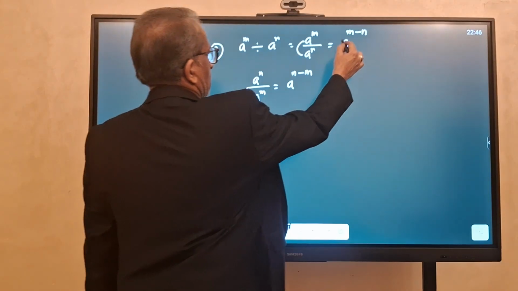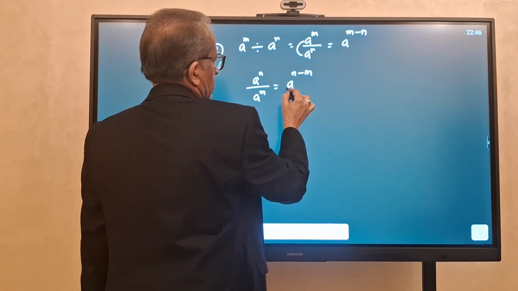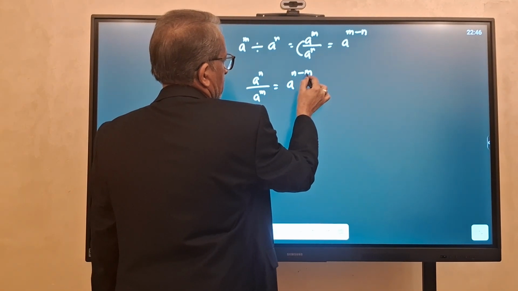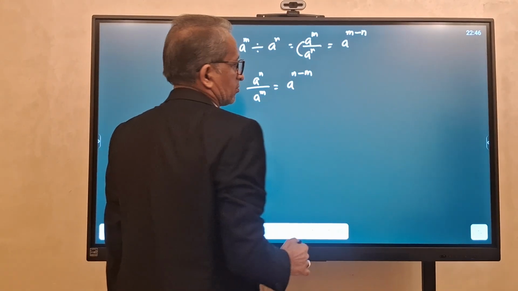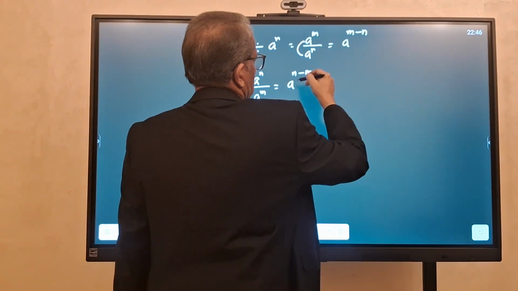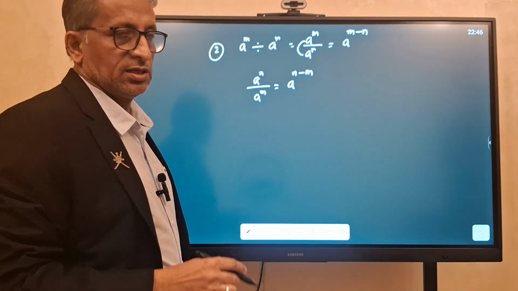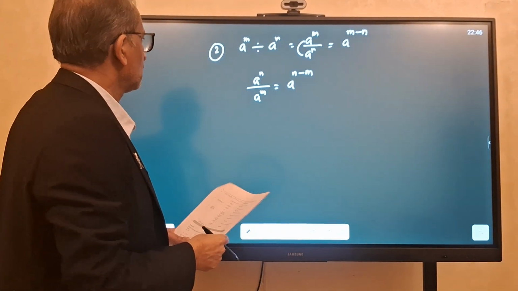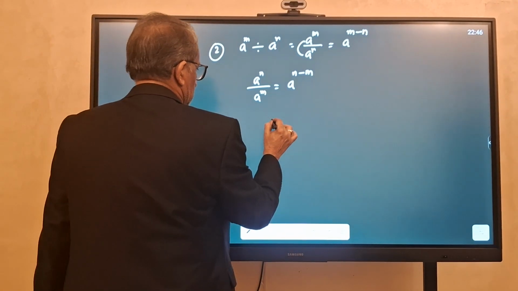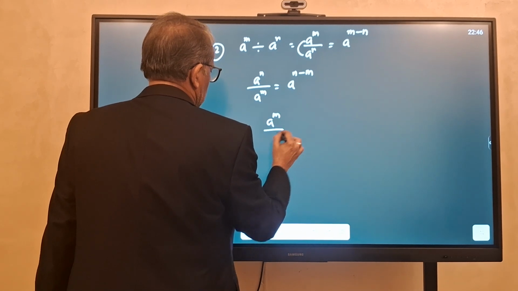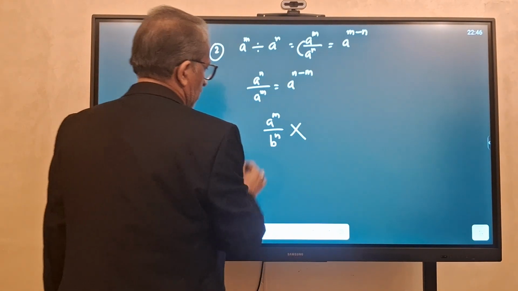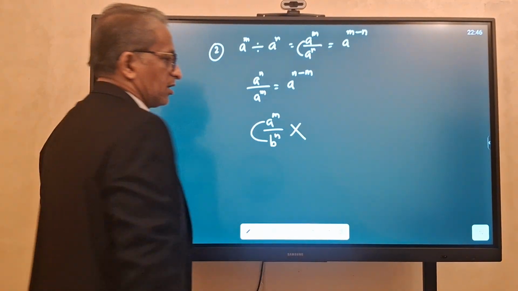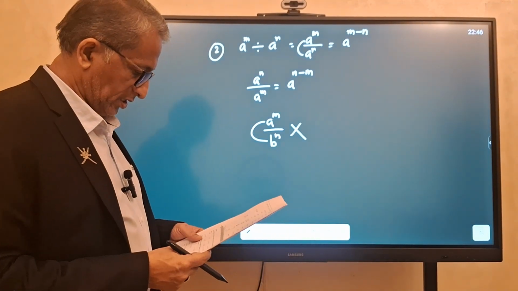So this is a^(m-n), and this is a^(n-m), because m is down, n is down, therefore it is minus. Both are different; they cannot be the same. And again, a^m / b^n: I can't apply this formula because the bases are different.